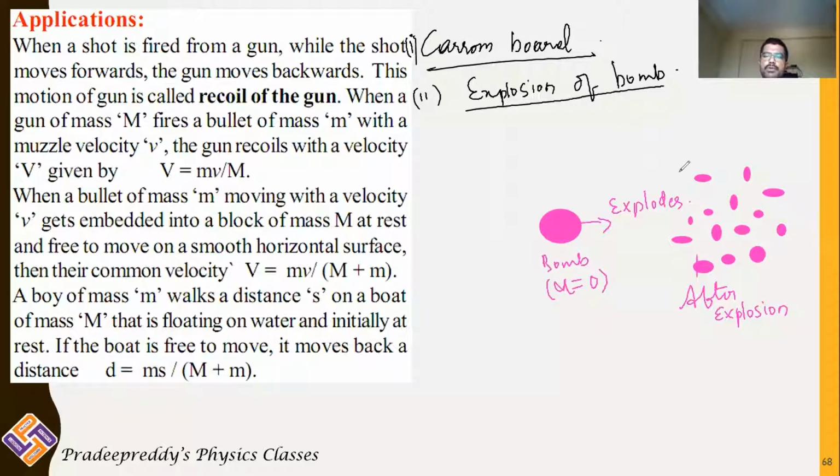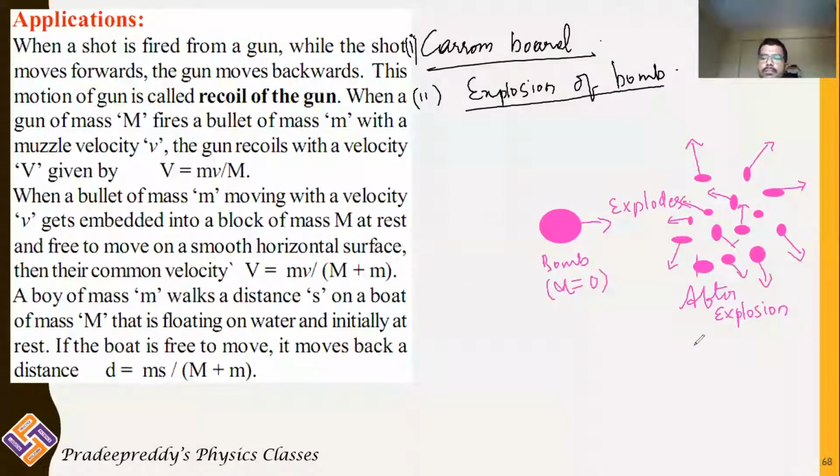This is after explosion. Now after explosion, you could observe that all the masses do not move in the same direction. This mass moves in one direction, this mass moves in another direction, and this mass in another. All these masses will be moving in random directions like this.